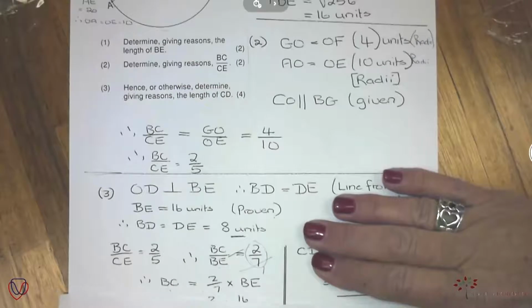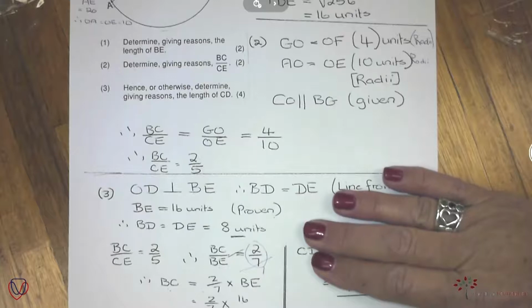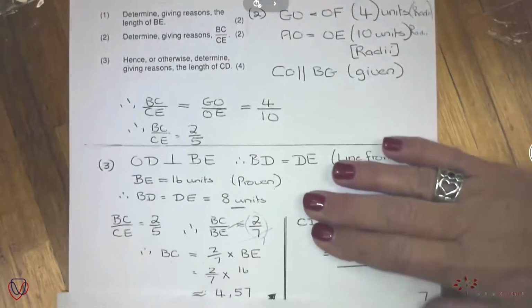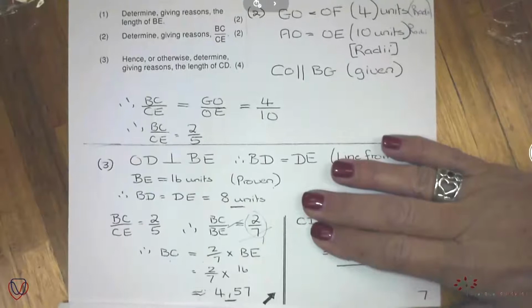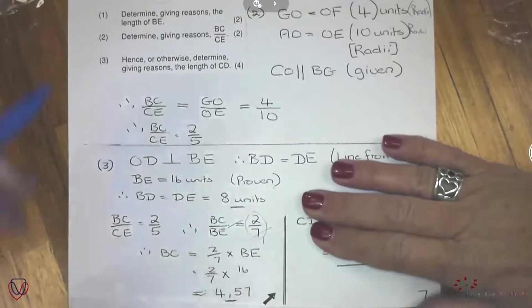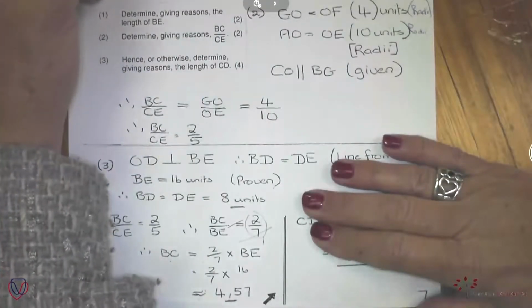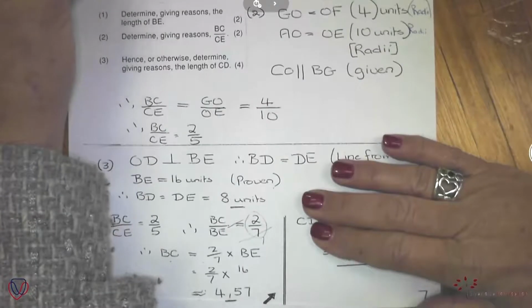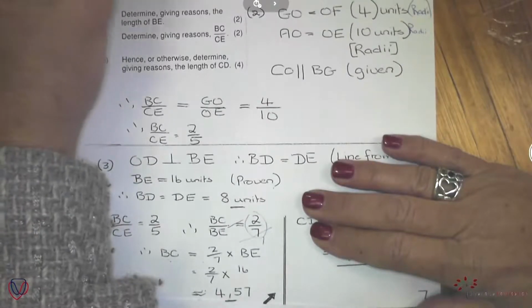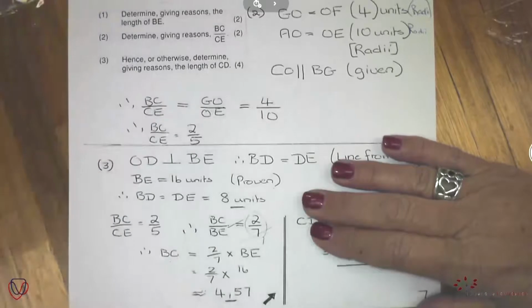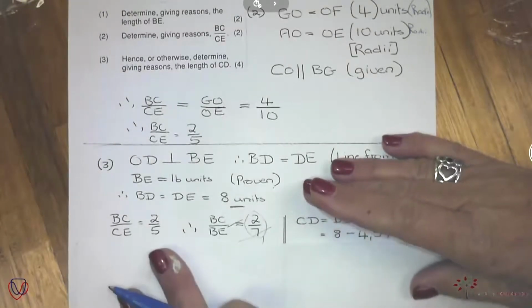So let's have a look. BC is 2 over 7 times the 16 that I got for BE. I can get an answer there. It is estimated to 4,57. There it is. And then that is BC. But we know that these two are equal. BC is 4,57.